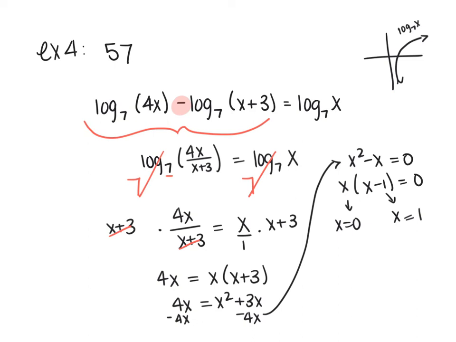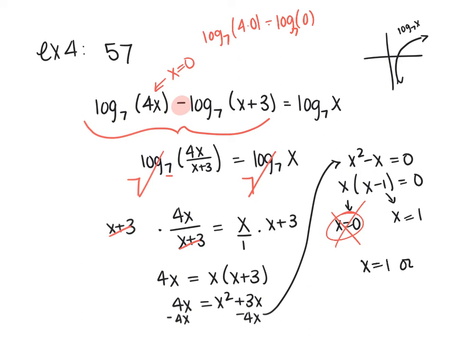So if I were to plug in 0 right here, I would get log 7 of 4 times 0, which would give me log 7 of 0. And if you type that into your calculator, it'll tell you a domain error. You can't have 0, so your final answer is just x equals 1 or the solution set 1.